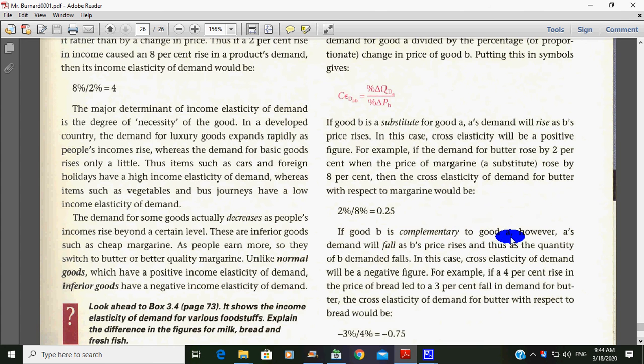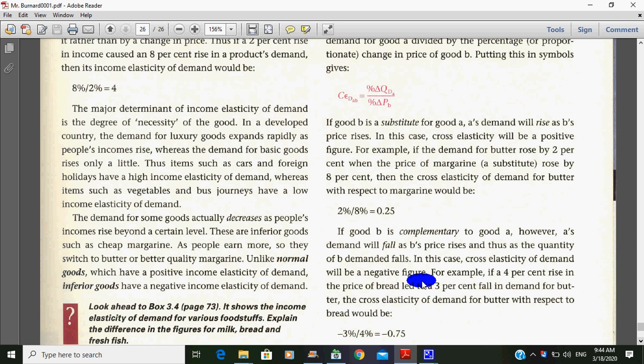If good B is complementary to good A, however, A's demand will fall as B's price rises, and thus as the quantity of B demanded falls. In this case, cross elasticity of demand will be what?